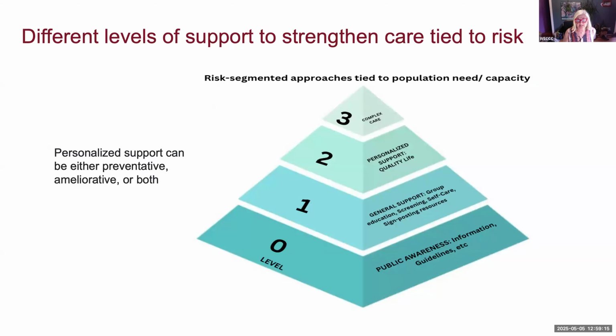So not everybody needs the same kind of support in order to be in charge of their lifelong care journey and make sure that they've got the team they need to help them achieve their person-directed social, mental, physical health goals. Support can be either preventative, ameliorative, or both.